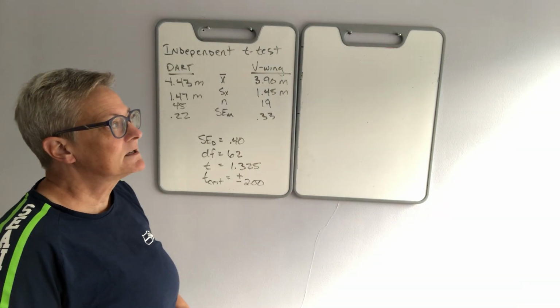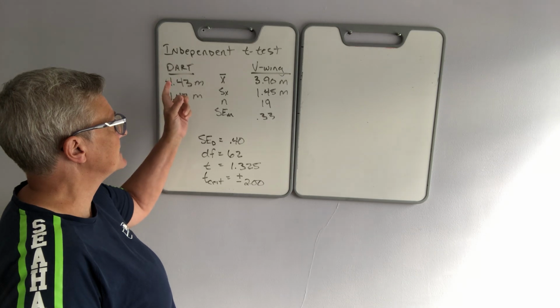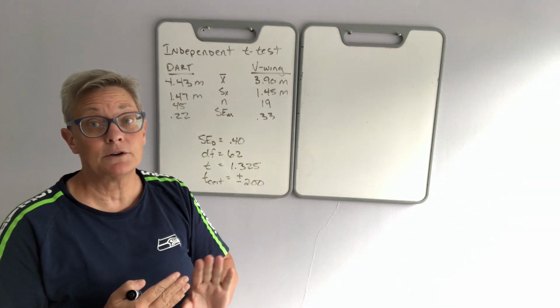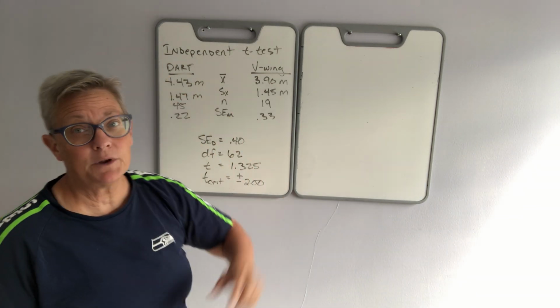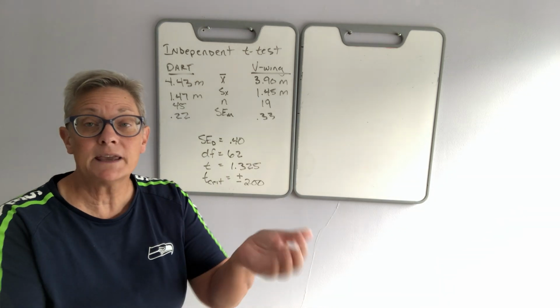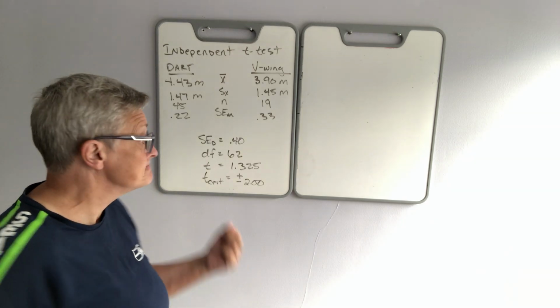So with the t value, all you're doing is saying, is this minus that, could be in either order, right? So is 4.43 really different from 3.90 when we calculate in the variance between the two?